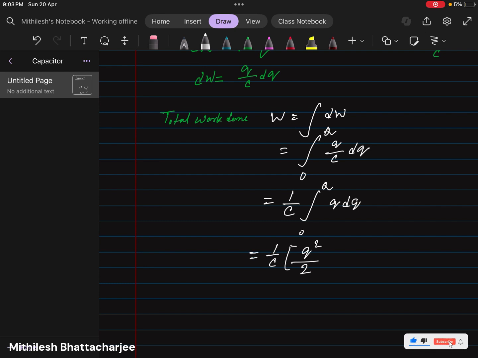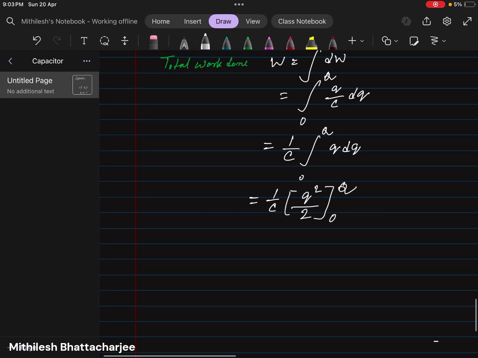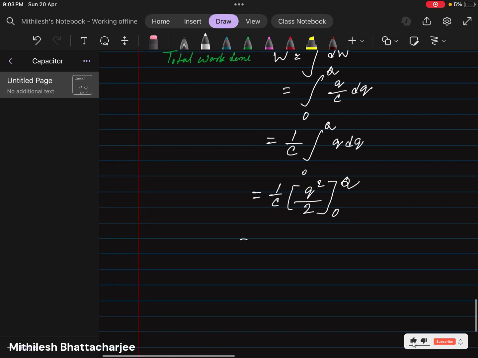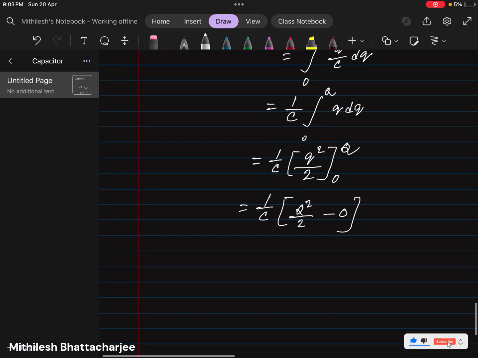Q square by 2, limit will be 0 to Q. Then 1 by C times Q square by 2 minus 0 square by 2, which means 0. So Q square by 2C will be the work done.